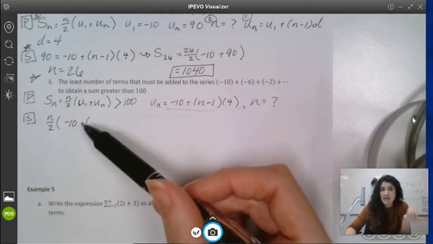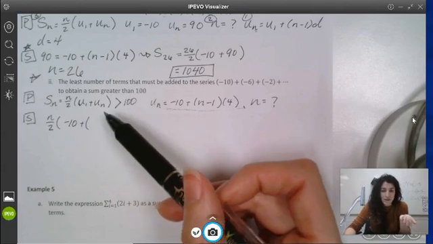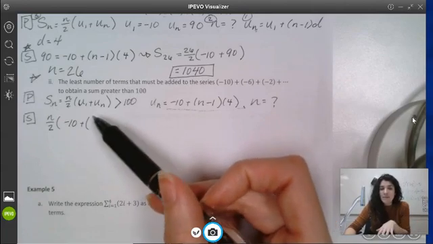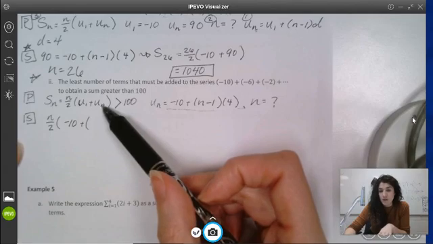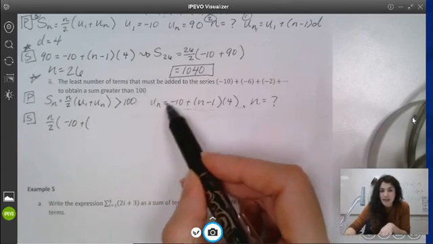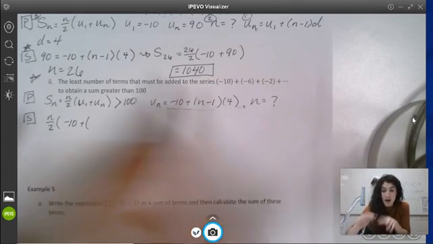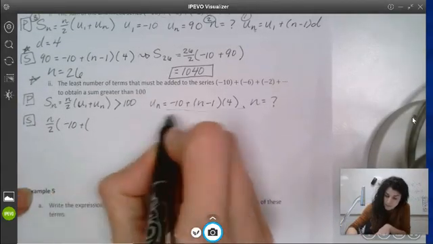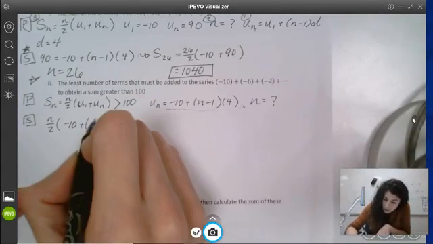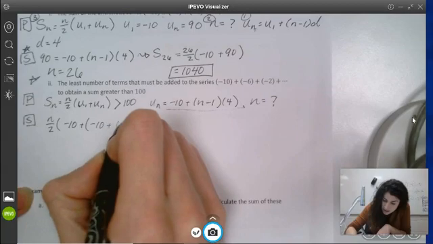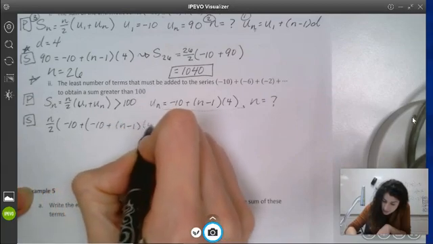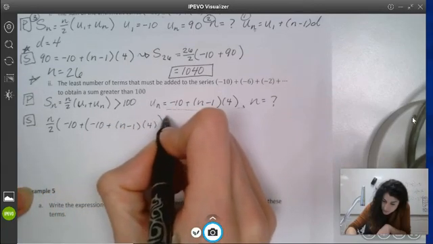I just plugged in negative 10, and the idea is, well, then what next? Can I plug in anything else for u sub n? What happens if I plug in this expression for u sub n? Because they are interchangeable, like a puzzle piece. Instead of u sub n, I would plug in negative 10 plus n minus 1 times 4.